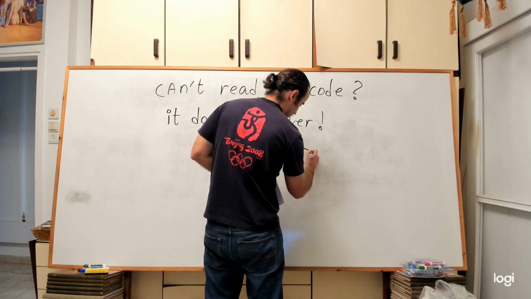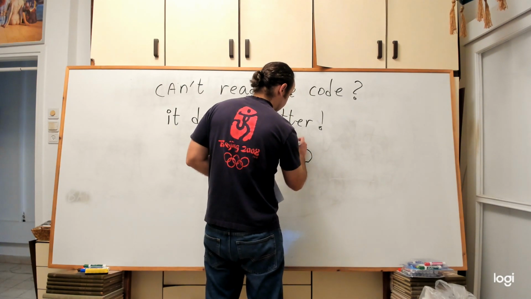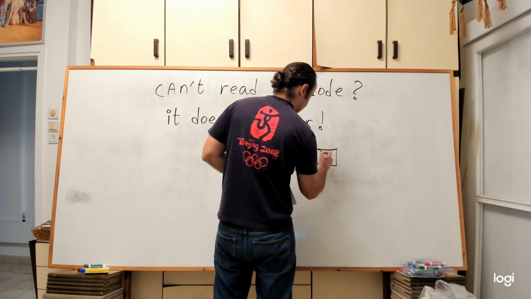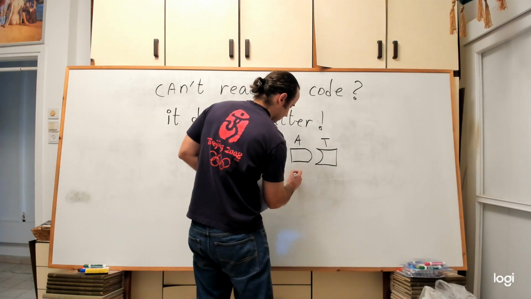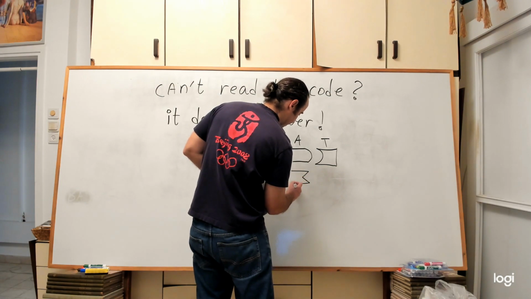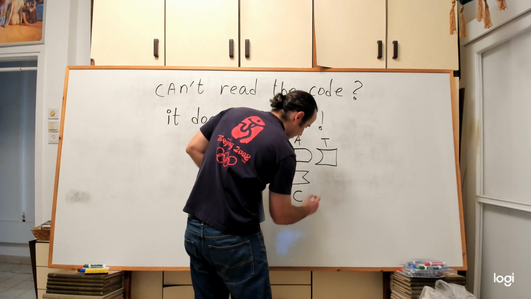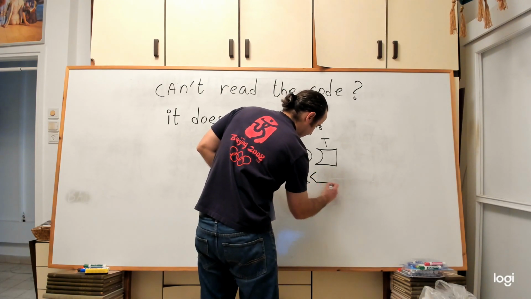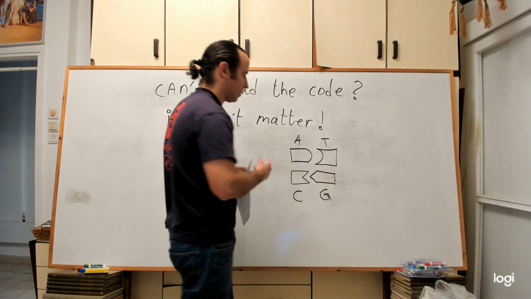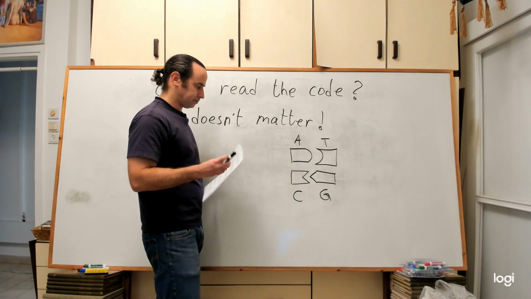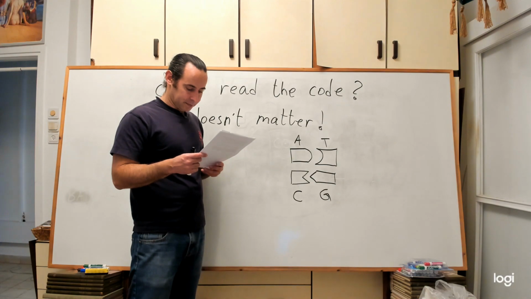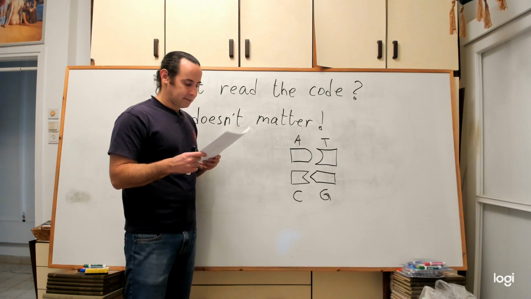Let's put here a question mark and here an exclamation mark. Let's paint them: this is A, and this is T, and this is C, and this is G. These are some proteins, some chemical or biological blocks, which is like assembly language.